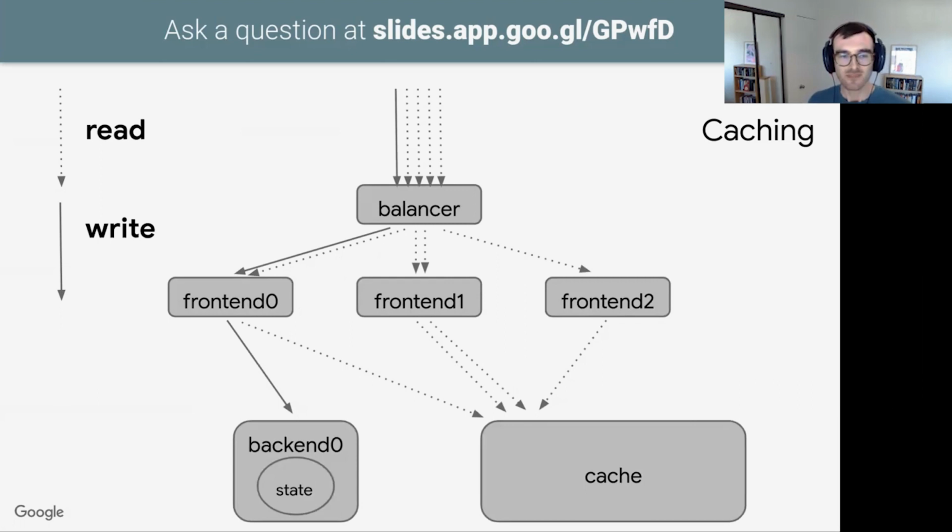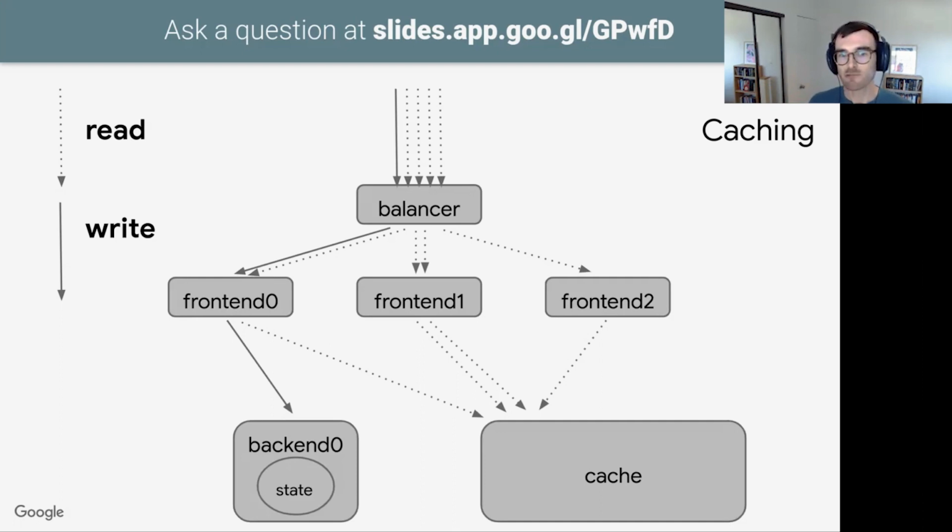And in this case, we're talking about splitting up the read and the write operations. So here, instead of each front end having its own fraction of the total state, like we did in the sharding example, each front end receives a read request and goes and looks it up in a cache. And whatever is in that cache, it trusts and it sends it back.